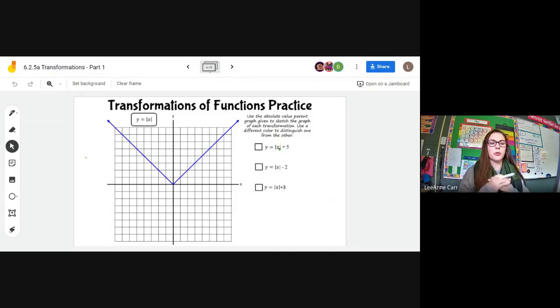I want you to tell me if we're moving up or down for each one of these equations. I'll call this one A, this one B, and this one C. I want you to tell me if we're moving up or down and how much we're moving up or down, and then I'm going to call on some people. So I'll give you about 40-ish seconds here. And be ready with some answers.